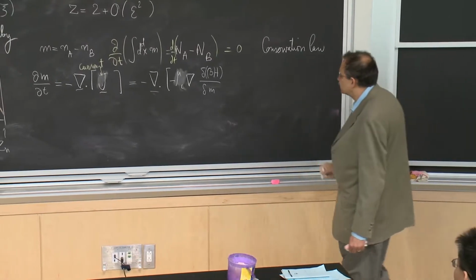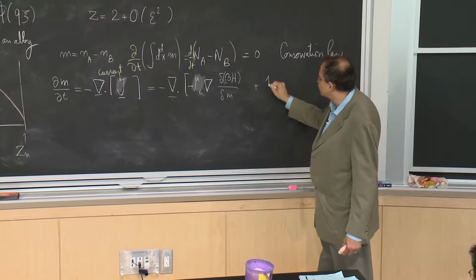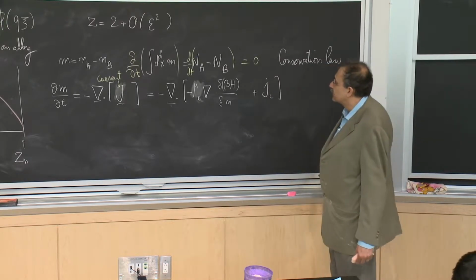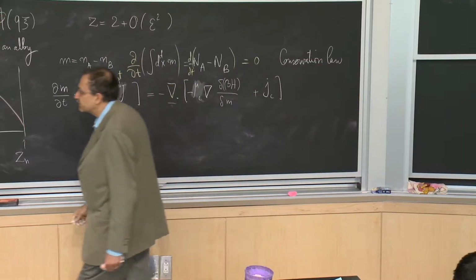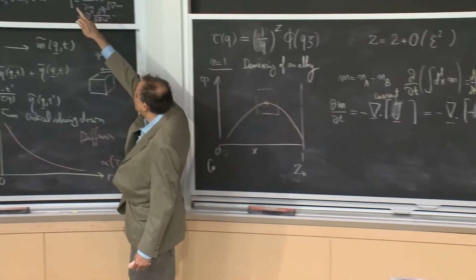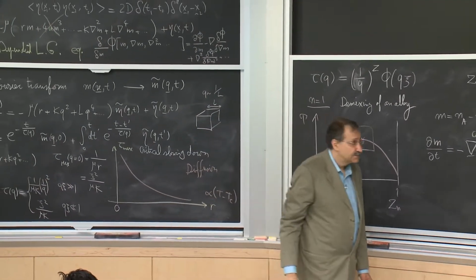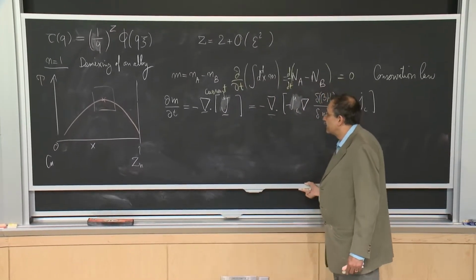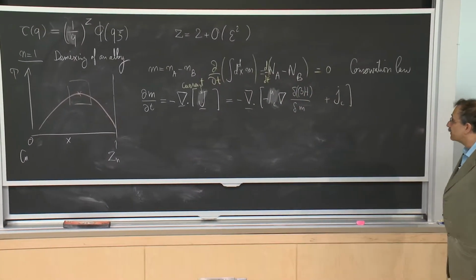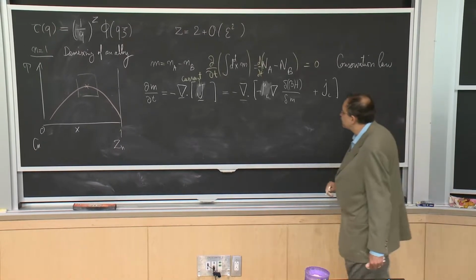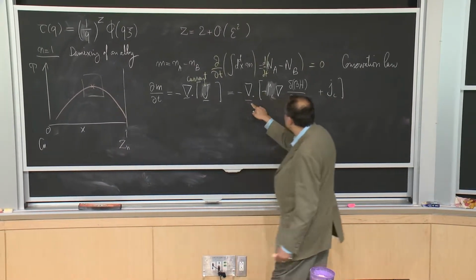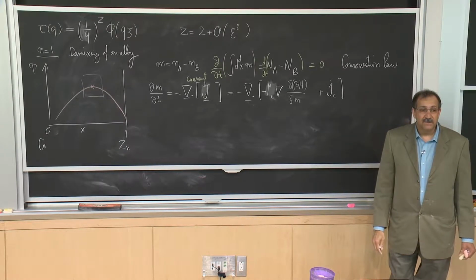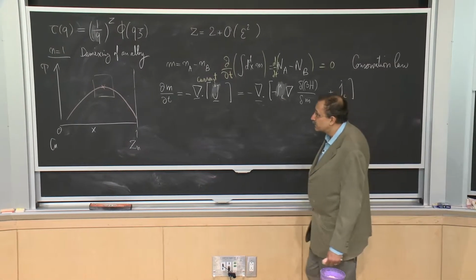Of course, I would have to add some kind of a conserved random current also, which is the analog of this non-conserved noise that I add over there. Now, the conserved version of the equation, you can see, will have two more derivatives with respect to what we had before.